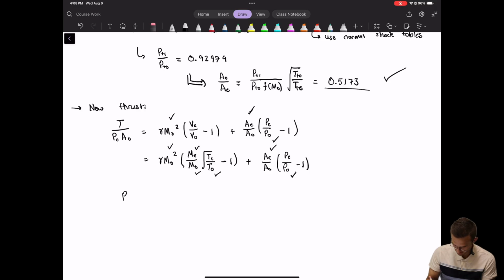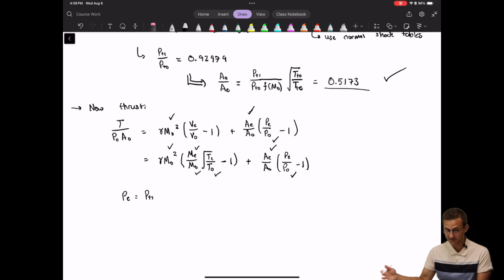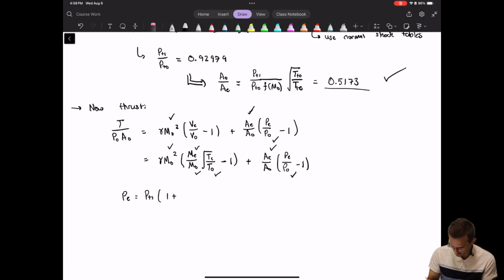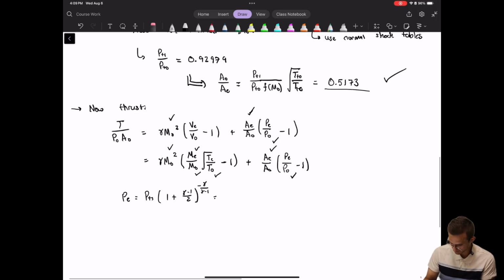Okay, so let's go ahead and do that. PE, we can just calculate as PT1, right? Because PT1 is the same as PT at the exit. That's times 1 plus gamma minus 1 over 2, raised to the power of minus gamma over gamma minus 1. That's because ME is equal to 1 here, so I just went ahead and subbed in that value. What you end up with here is 3.606 times 10 to the 4 pascals. Okay, so that's what PE is.